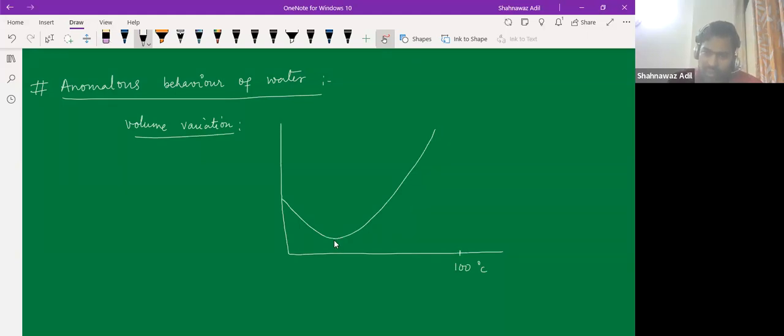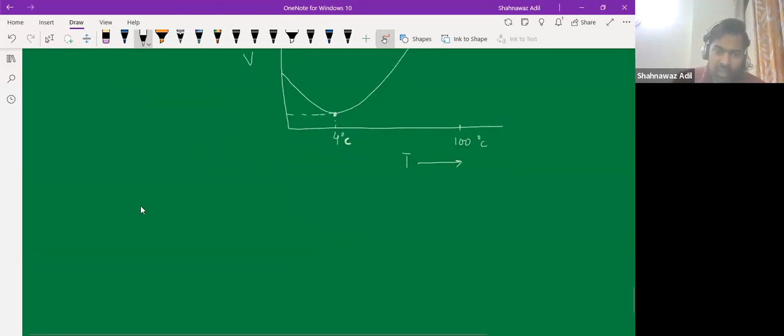So this is called the anomalous behavior, and this temperature is 4 degrees C, right? So at 4 degrees C, the volume of the water is minimum, right? This is volume, and this is temperature. And a similar thing happens with the density always. So density variation.